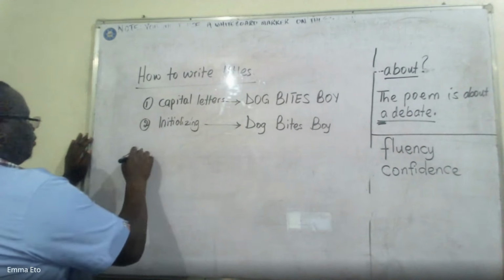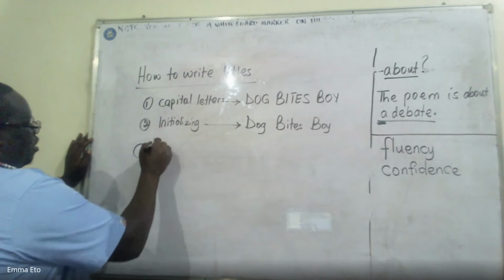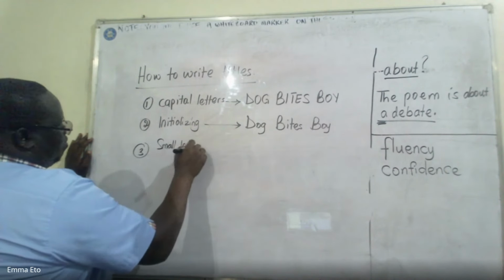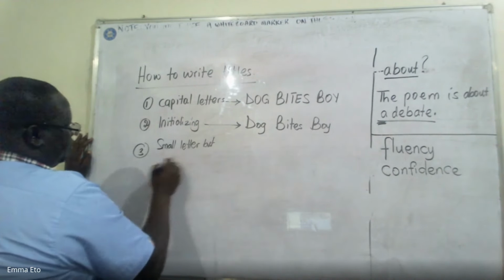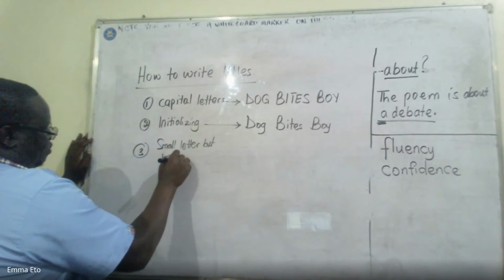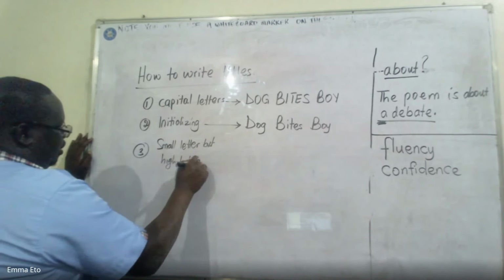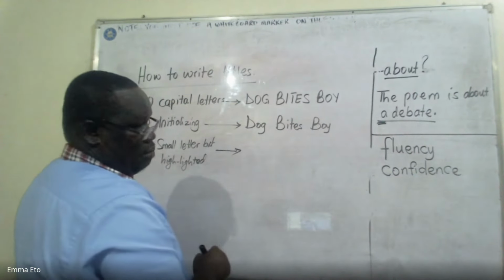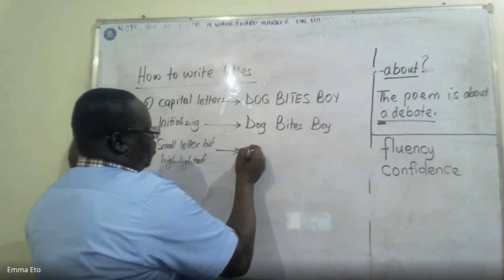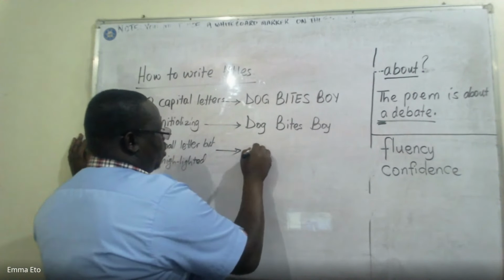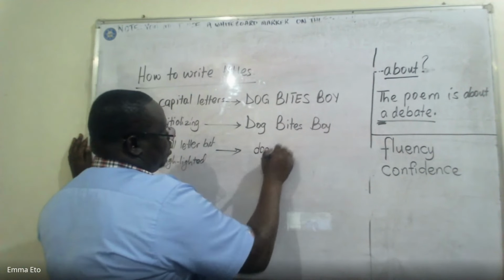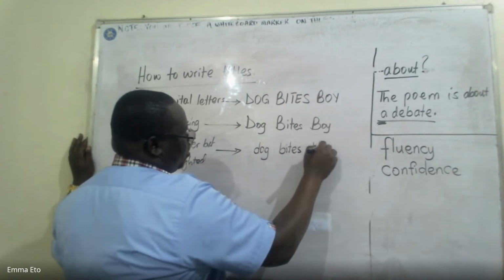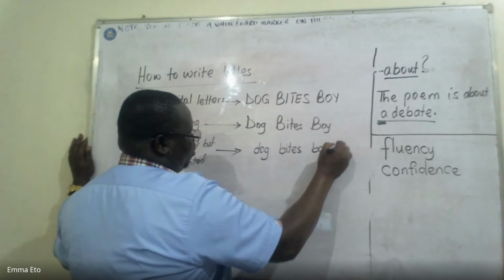Three, small letters, but highlighted. How do you highlight? By quoting. So I can say "dog bites boy." Then you quote.